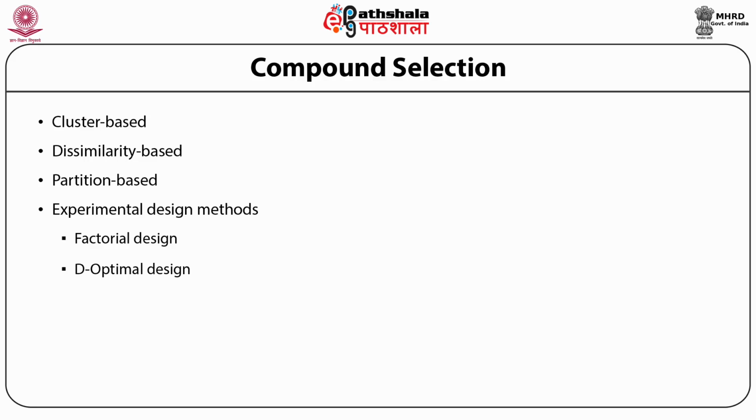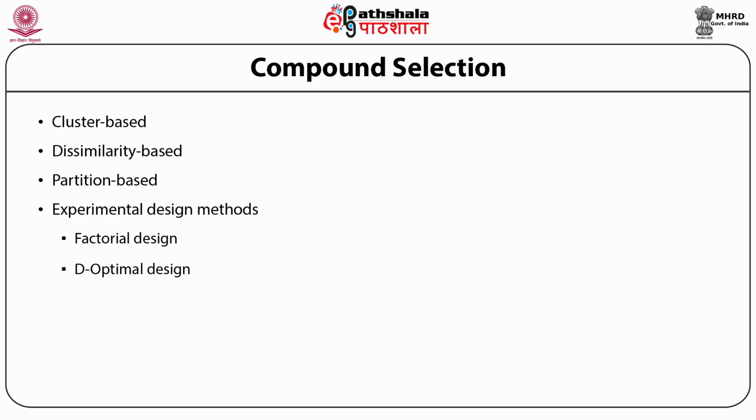A few ways of doing it: we can do a cluster based selection and pick up compounds from different clusters. We can as well do dissimilarity, that is Tanimoto, 1 minus Tanimoto type. Many functions have been designed for dissimilarity based study.